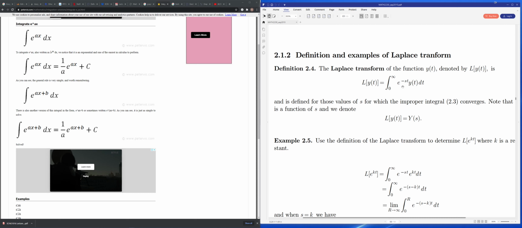So this improper integral may or may not converge depending on what this s is. Now, in this class, we would just consider s to be real values, for simplicity. If you're doing your controls and so on, this s is going to be complex.